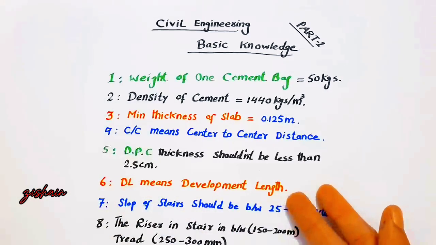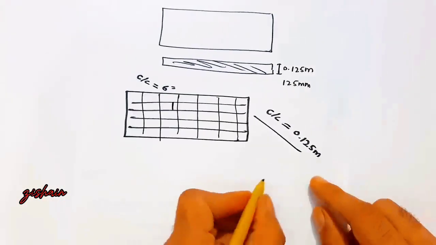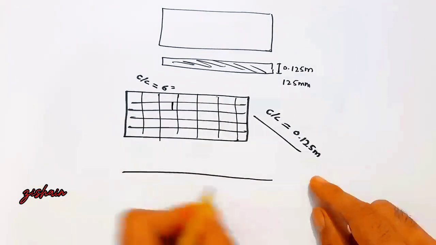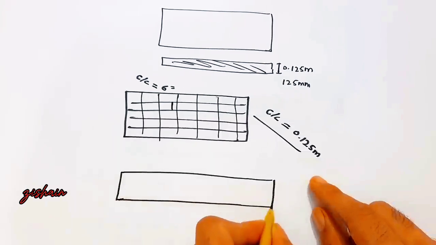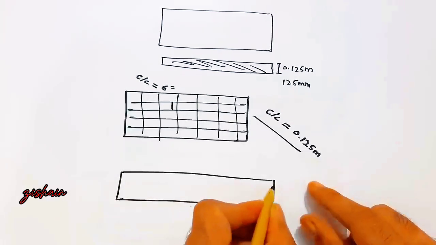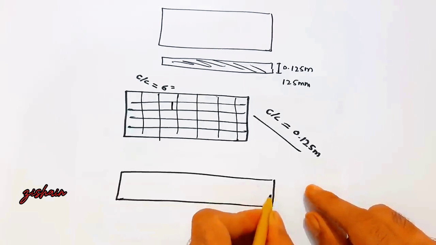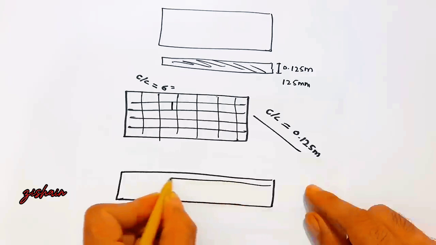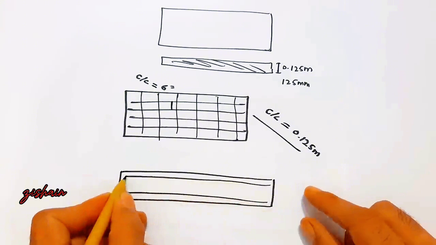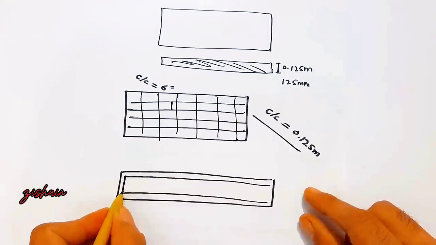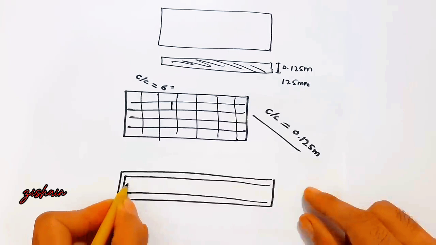Right, the sixth one is, guys, DL, which means development length. What is development length? Guys, you can see here, this is a beam. Inside this beam I am providing the steel rods, in long section. So this one steel is coming to the downside and this one is going to the upward side.